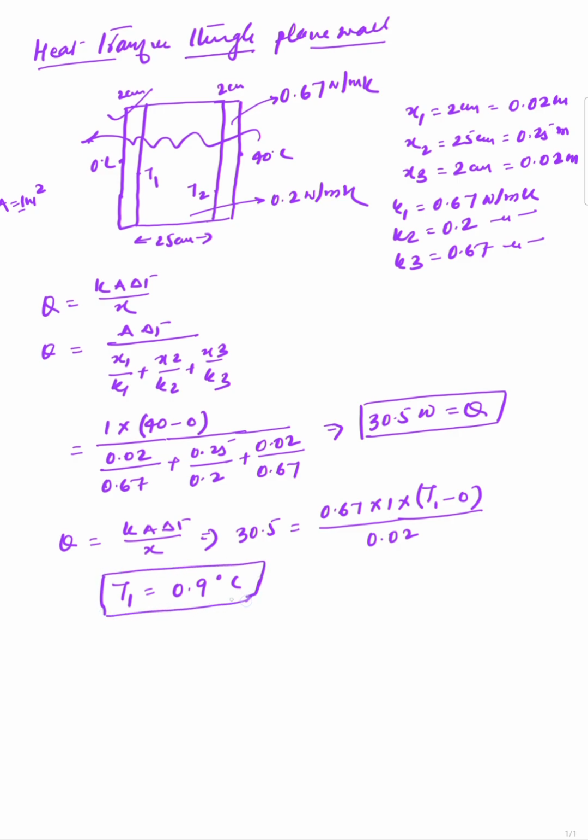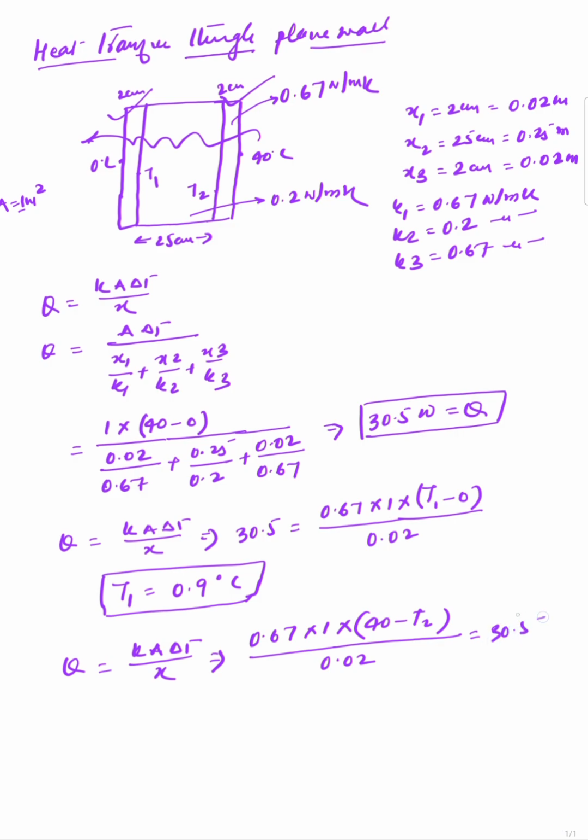Similarly, we can get the value of T2 by writing the equation for this particular section. So we write Q is equal to KA delta T by X. K is 0.67, area 1, delta T 40 minus T2 by X 0.02 is equal to Q. Q value is 30.5.